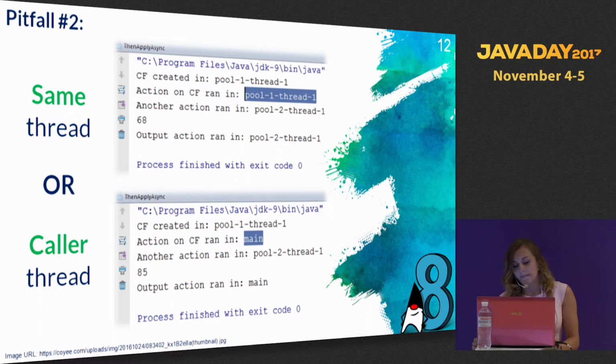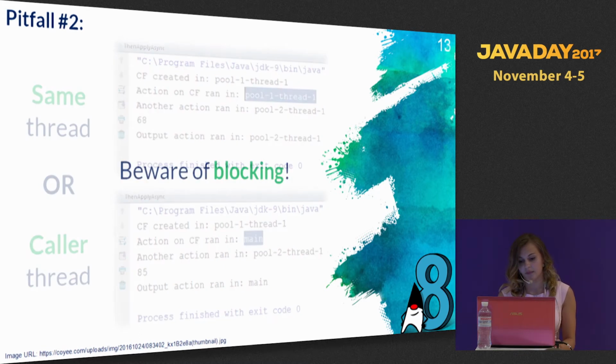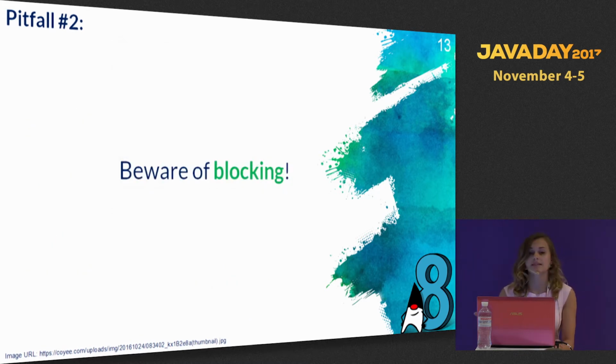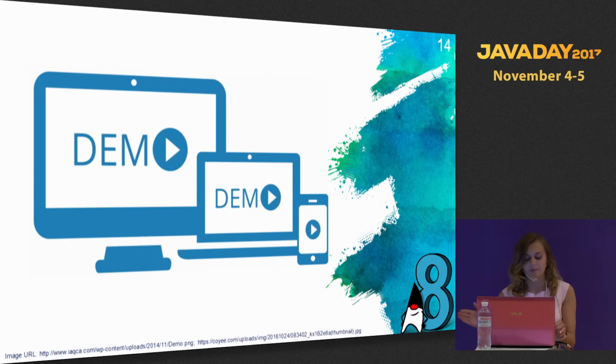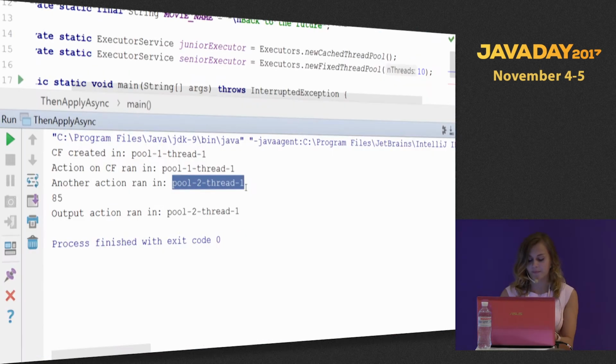So this is the issue that we need to be aware of. We should basically always keep an eye on the threads our tasks are executed in. But we will be moving forward with our demo.